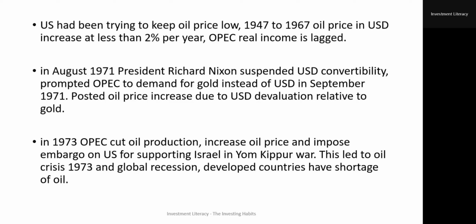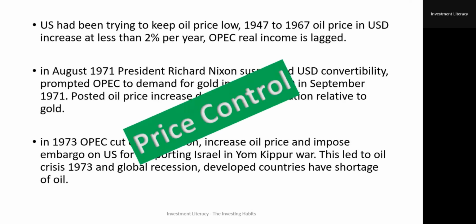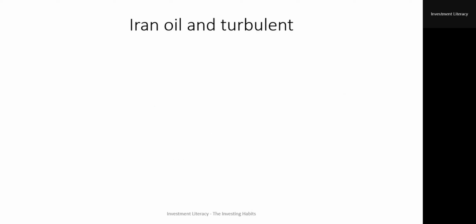Because of this, the US was very clear that they needed the oil badly, and that led to the following year, 1974, signing an agreement between America and Saudi Arabia to sell oil in US dollars, and that is the price control on the oil.